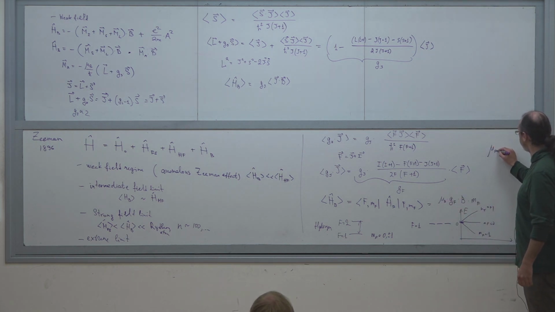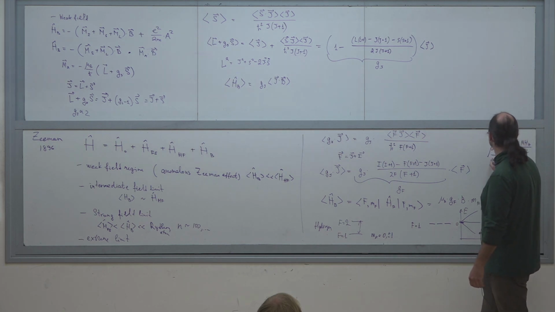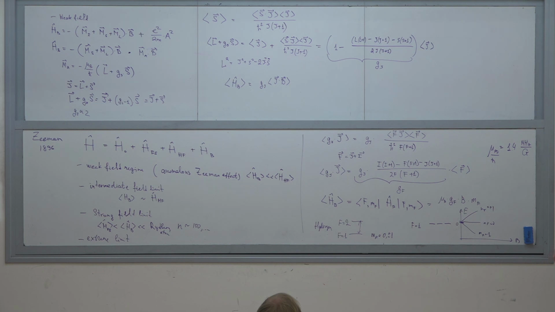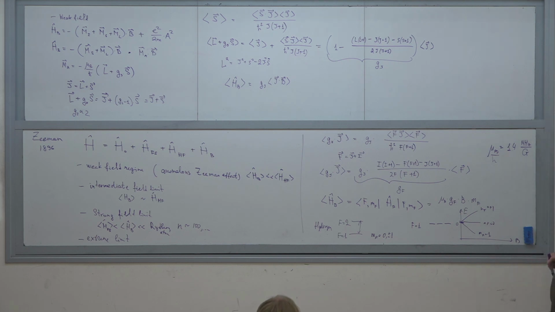I'm sure it's 1.4 megahertz divided by Gauss. That should be divided by h, the Planck constant, not the reduced Planck constant. So this is the frequency per Gauss.